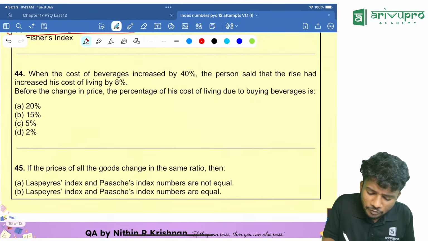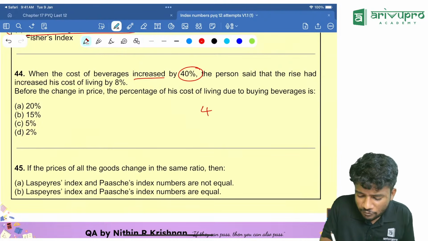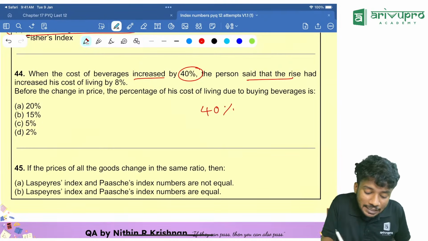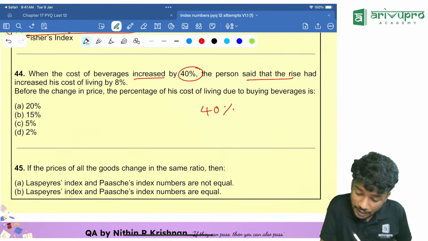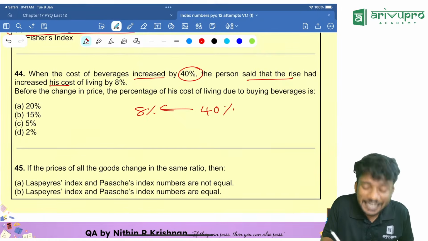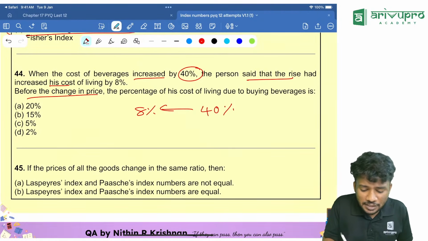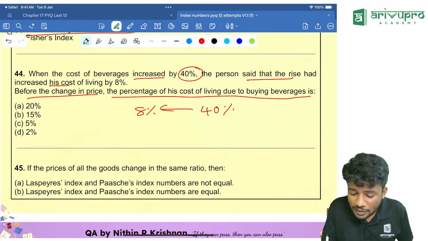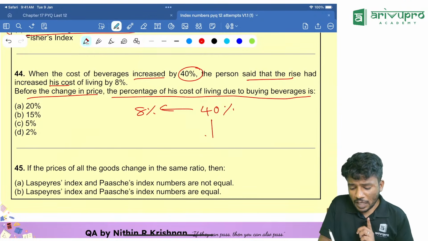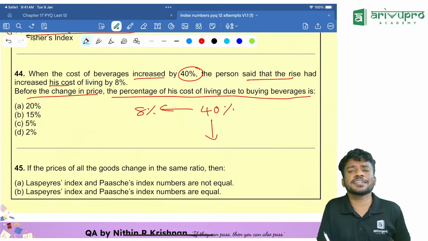When the cost of beverages increased by 40%, I'm showing the shortcut. The person said that the rice had increased its cost of living by 8%. Before the change in price, what is the percentage of cost of living due to buying beverages? How will you convert 40% to 100%?